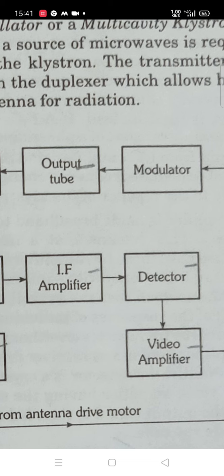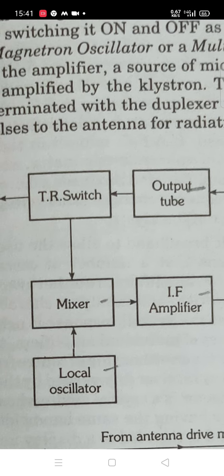The transmitter part of the radar is terminated with the duplexer, which allows high-powered output pulses to the antenna for radiation. Okay, so this is the work of the trigger source, modulator, output tube and the TR switch.